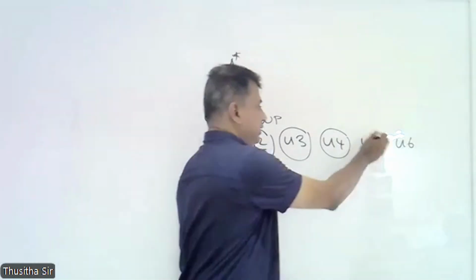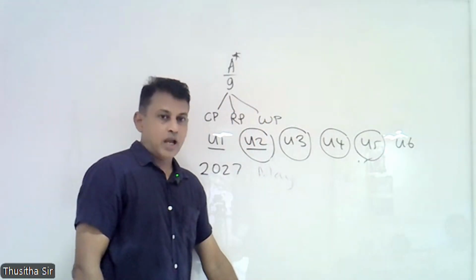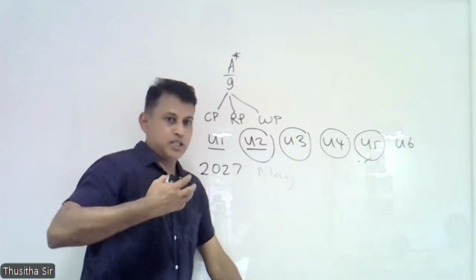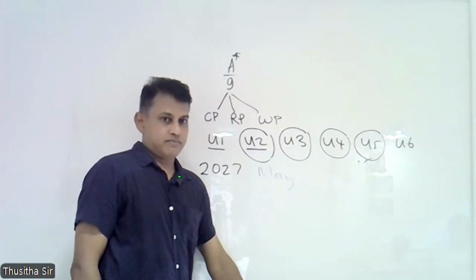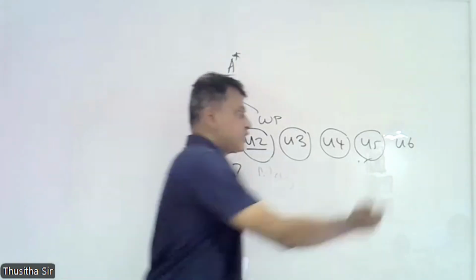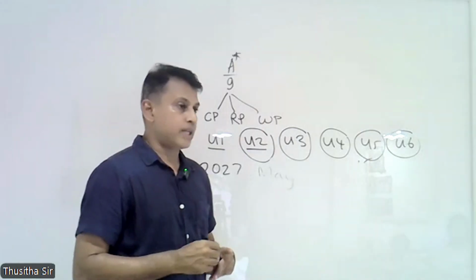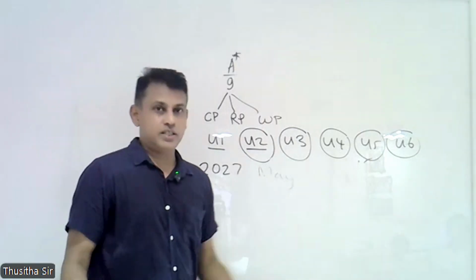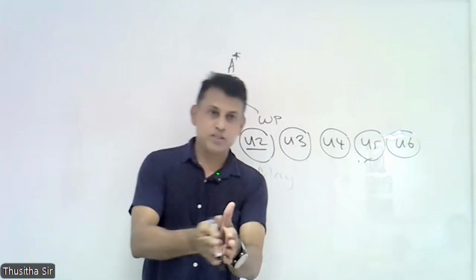In unit 5, you're going to learn about genetics, how information is passed from parents to children. Unit 6 is biotechnology, that means technology and biology mixed.